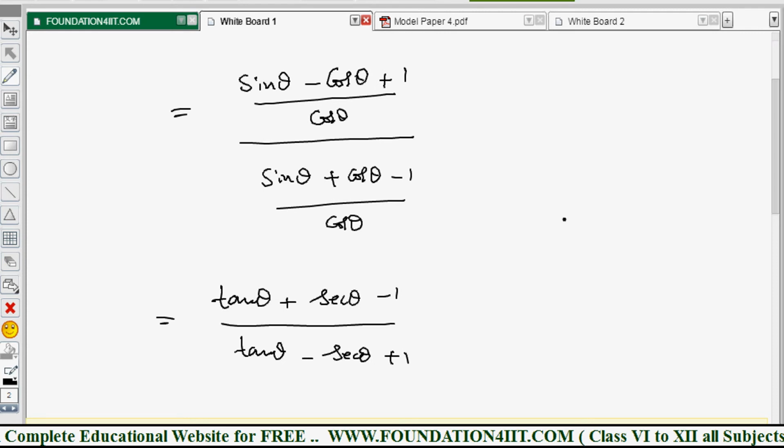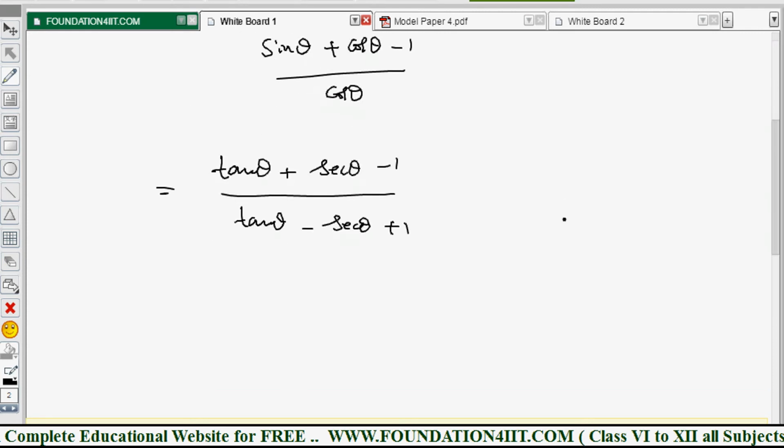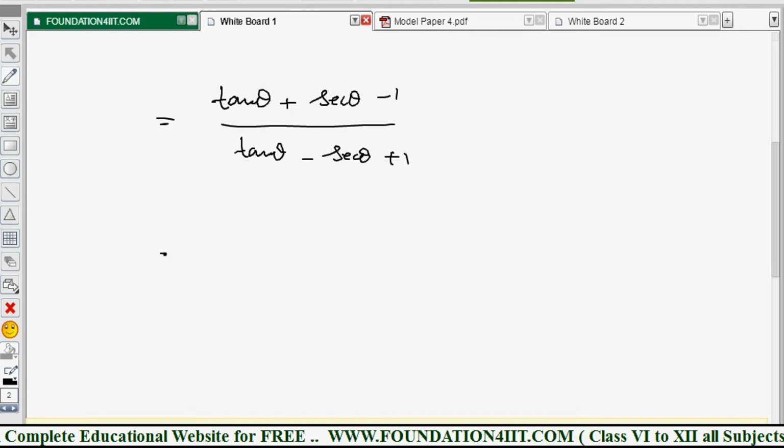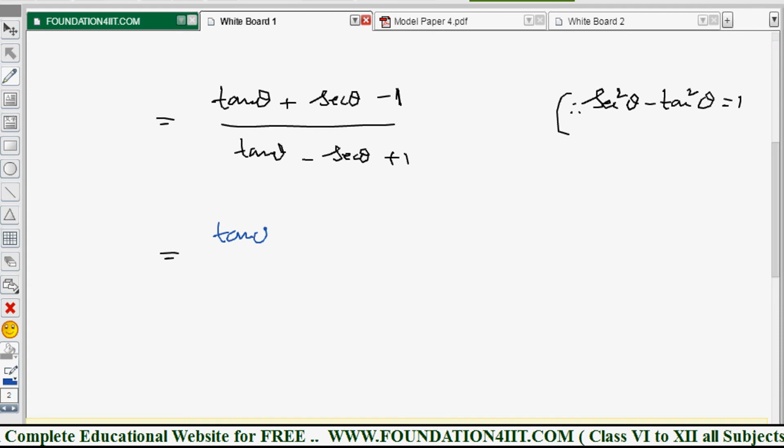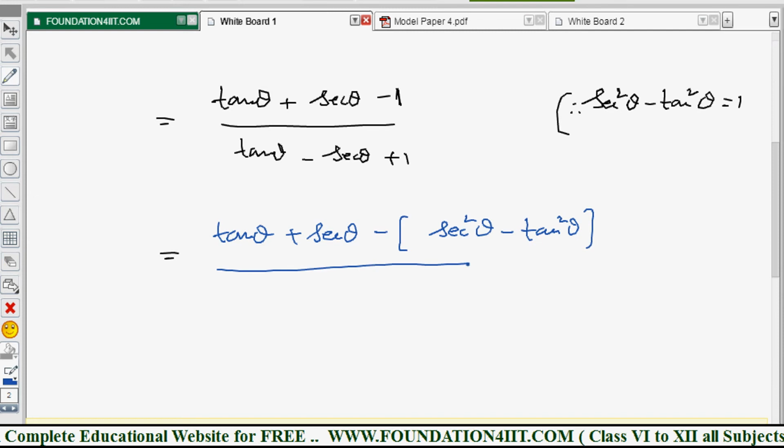Now the sum is tan plus sec minus 1 by tan minus sec plus 1. Just as in previous problems, in the place of 1 you use sec square minus tan square, because sec square theta minus tan square theta is equal to 1. This will apply in this place. That is tan theta plus sec theta minus, now in the place of 1, sec square theta minus tan square theta, because you need to cancel the complete denominator.